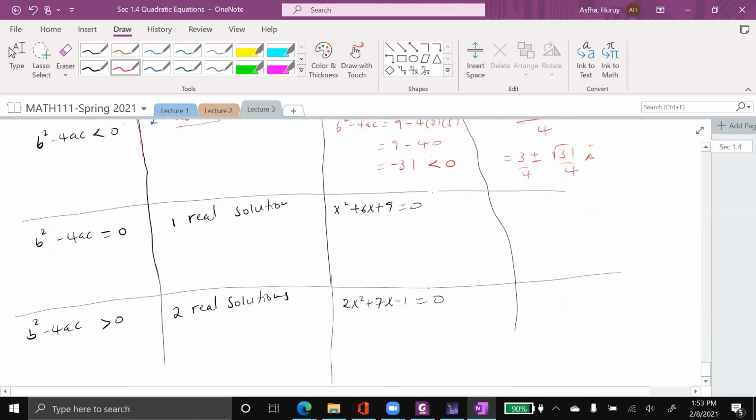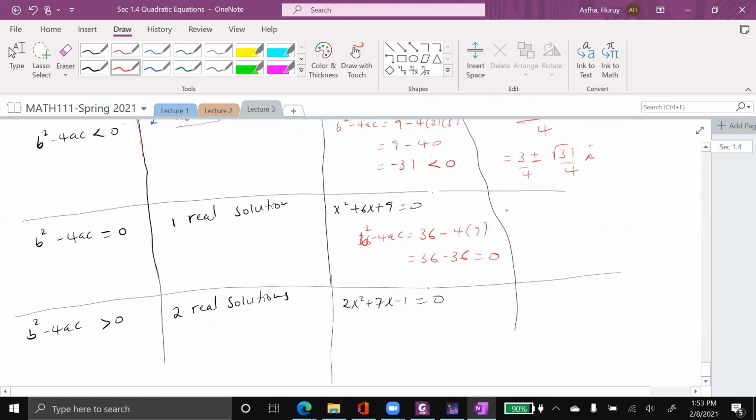And in this case, for example, you have b squared, 36, minus 4 times 9. This is 36 minus 36, 0.